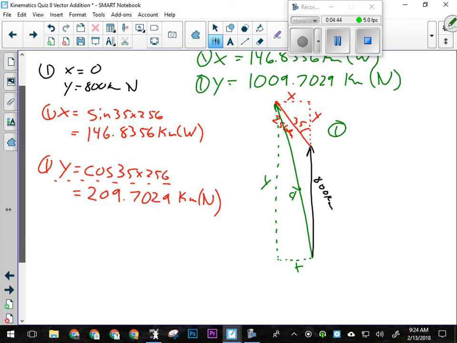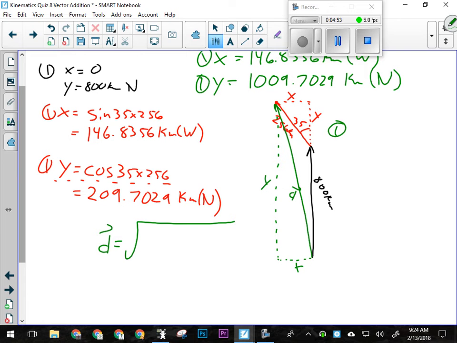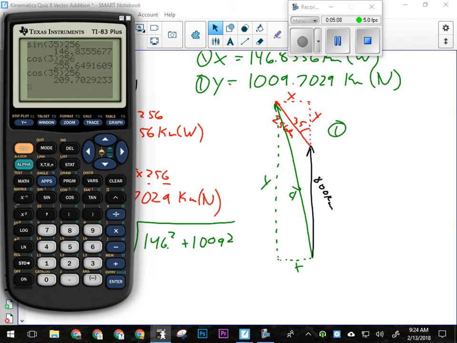All right, so our next thing here now is we need to use the Pythagorean Theorem in order to get the magnitude of our total displacement. So total displacement is going to be 146 with all the decimals squared, plus 1009 squared, obviously with all the decimals there.